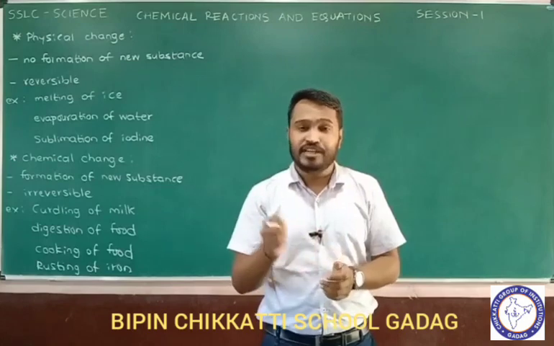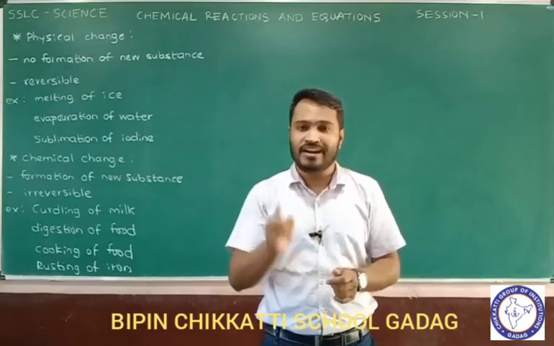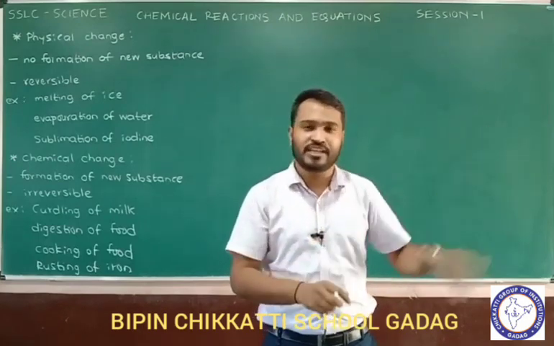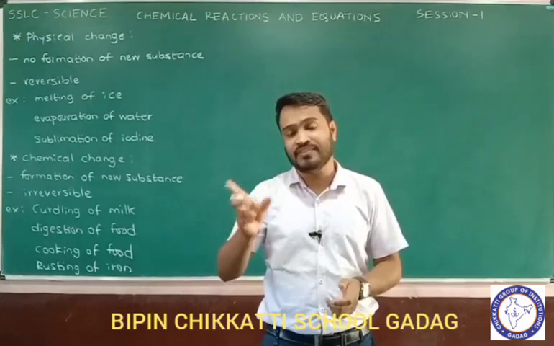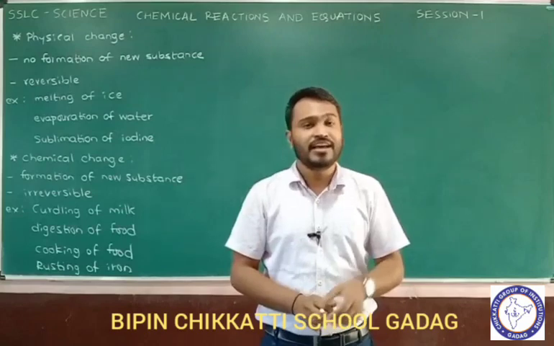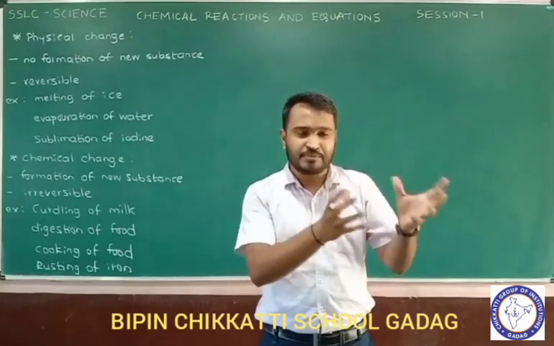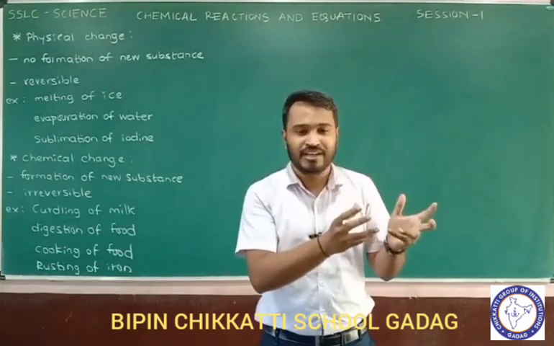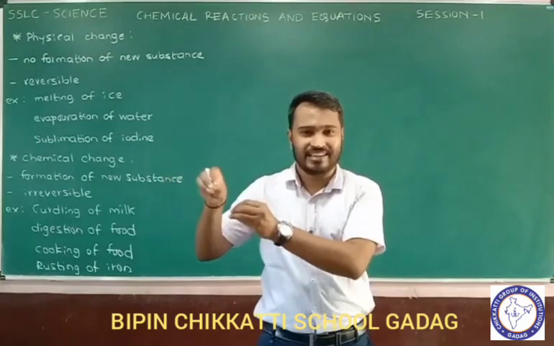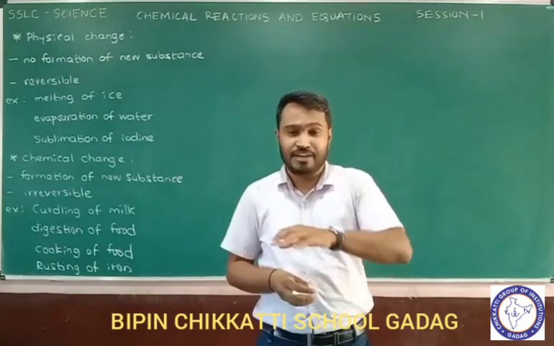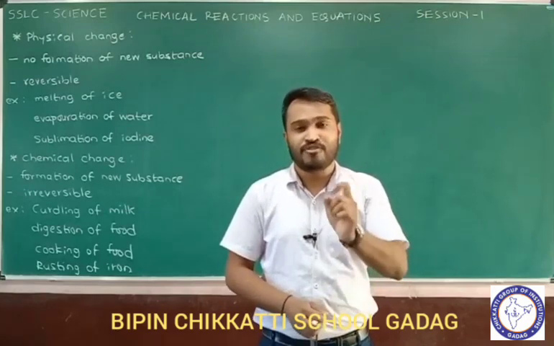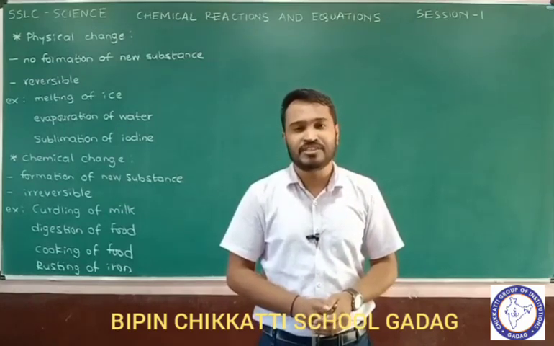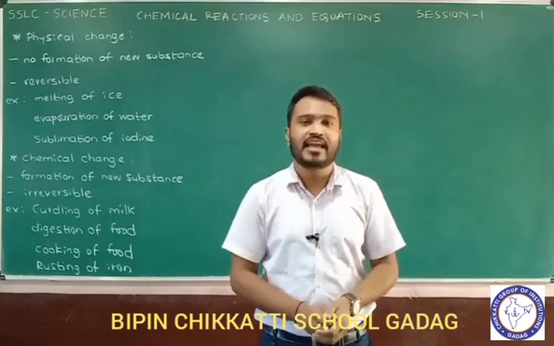If there is no formation of new substance and it is reversible, that is the class we call physical. If there is a formation of new substance and you cannot reverse that one, that is the class we call chemical. In the fermentation process, the particular food is going to be decaying. Some new substance is formed and you cannot get the reverse back. So based on these two conditions, now I can say fermentation, or the decaying procedure, we call a chemical change.